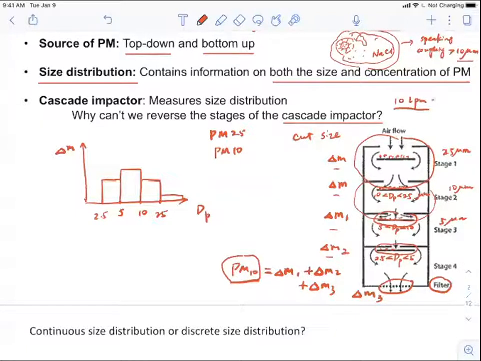And then we can sample it for, let's say, 1 hour. So what we know is that during this 1 hour, the total volume of air going through this device is going to be 60 minutes multiplied by 10 liters per minute. That's 600 liters, right?